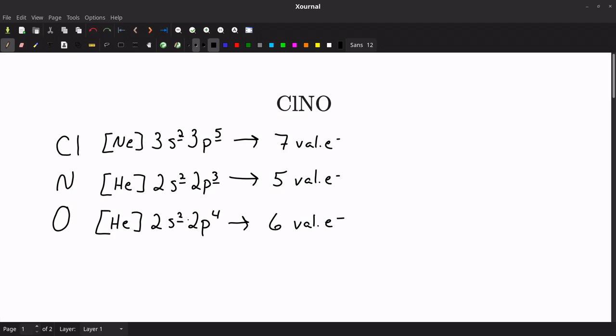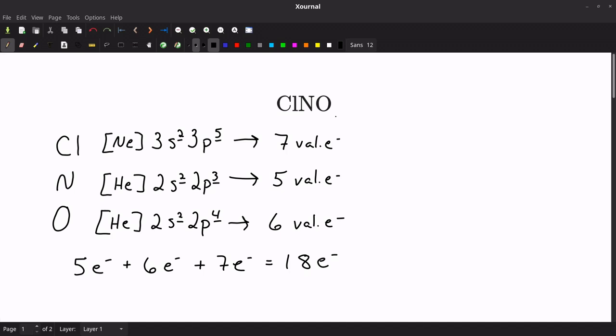Now we need to figure out our total number of valence electrons. We're going to have 5 electrons plus 6 electrons plus 7 electrons for a total of 18 electrons. Now we need to draw our skeletal structure.